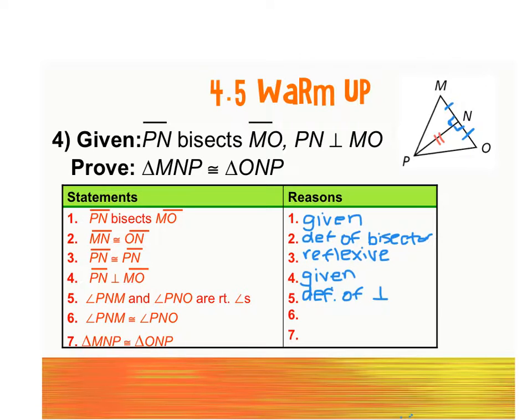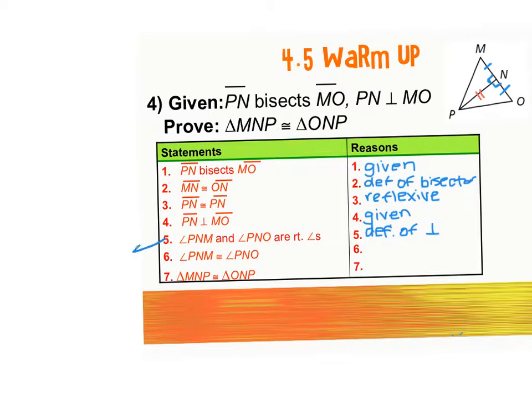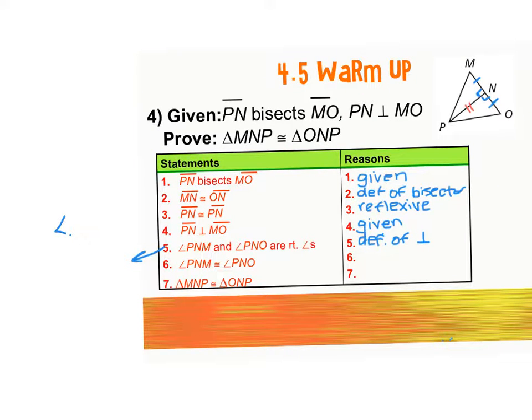So there's two ways to do this one. One would be to say if they are right angles, then they are 90 degrees. So I could say if that's the case, then PNM and PNO equal 90 degrees, and that would be the definition of perpendicular.